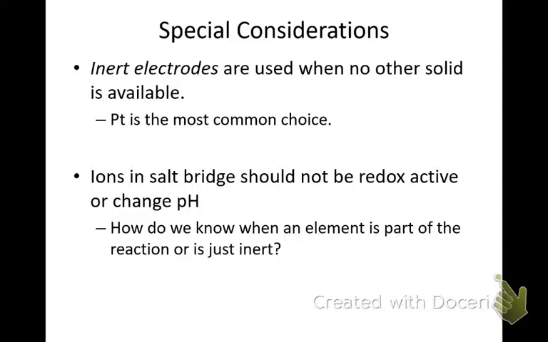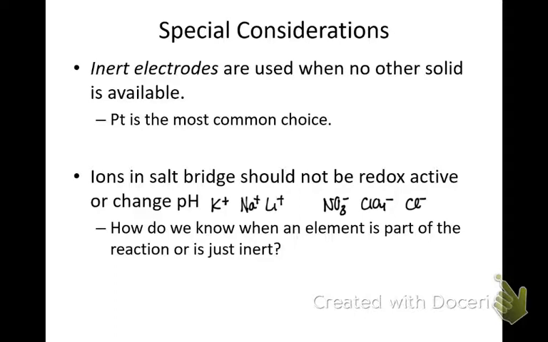How do we choose the ions in a salt bridge? The point is that they should not be redox active, and they shouldn't have a lot of acid-base characteristics. So common redox electrolytes are things like potassium or sodium or lithium ions, because they don't have very much redox chemistry, and the conjugate bases of strong acids, so things like nitrate or perchlorate, or you can use chloride, but the halides tend to have some redox chemistry, so those are less common.